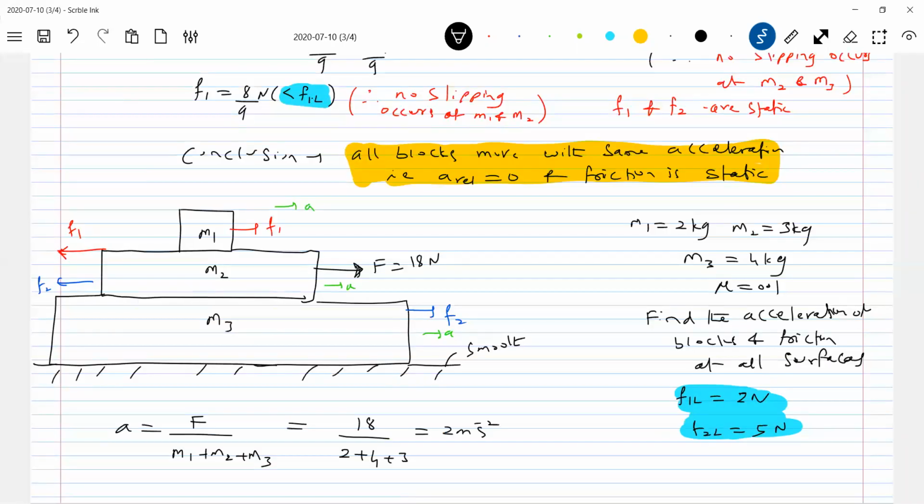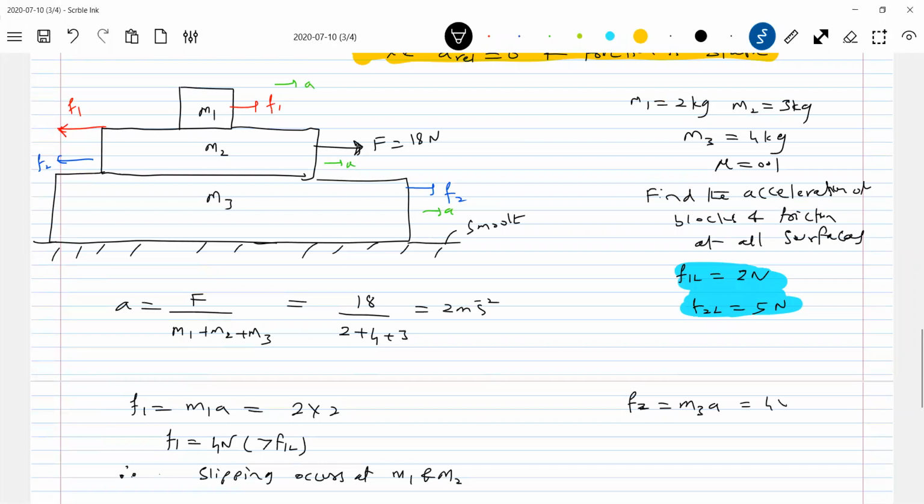So this will be 4 into acceleration 2, 8 Newton. I think you have to be really very careful here. So here slipping occurs at m2 and m3.